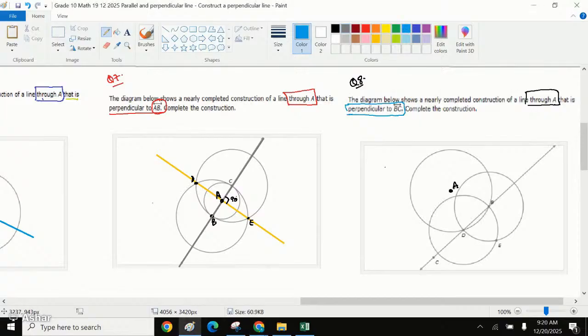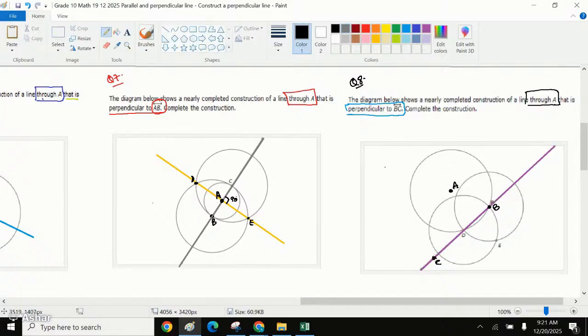Let's try to find where B and C are. Can we say this point was point B and this point is point C, right? That means the line BC would be this line. Agreed? This is the line BC, which was passing through these 2 points.